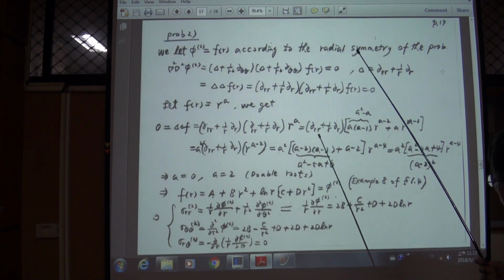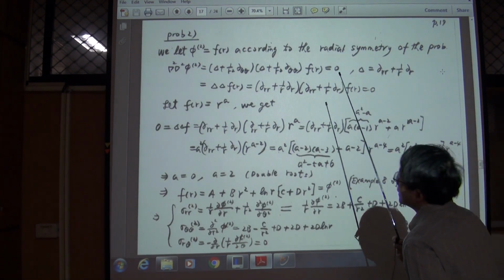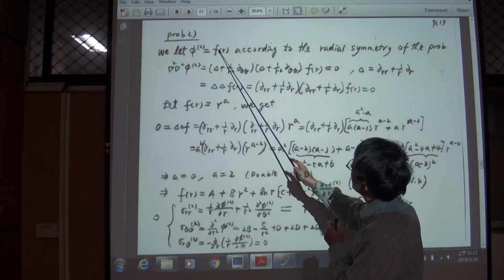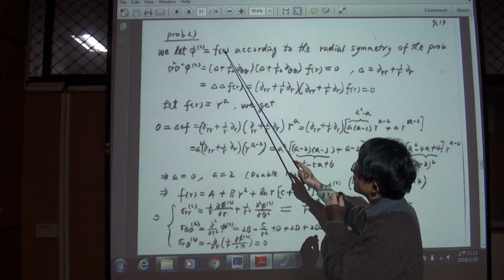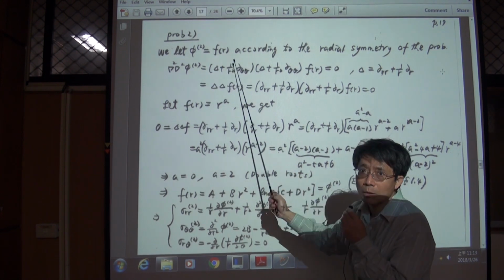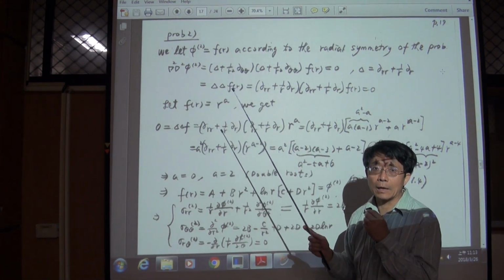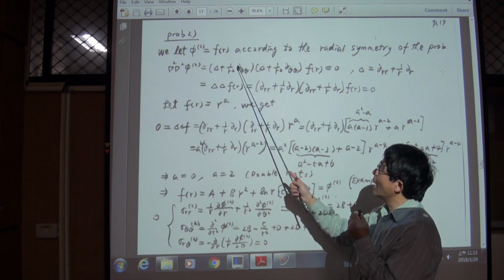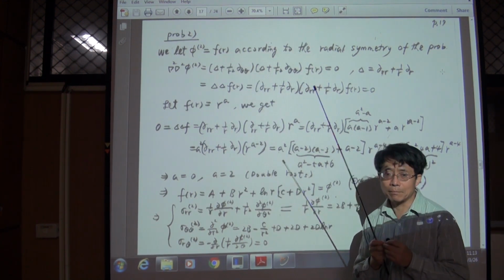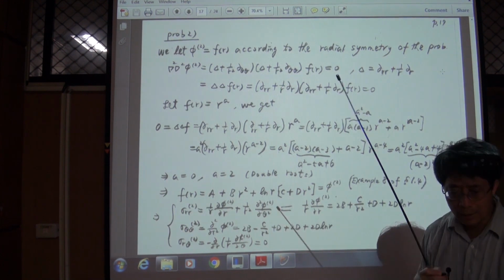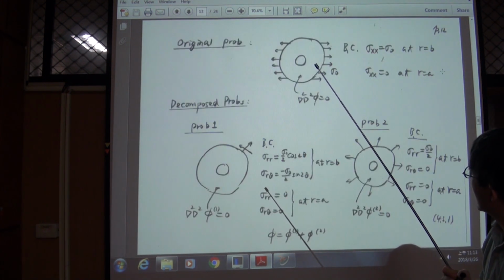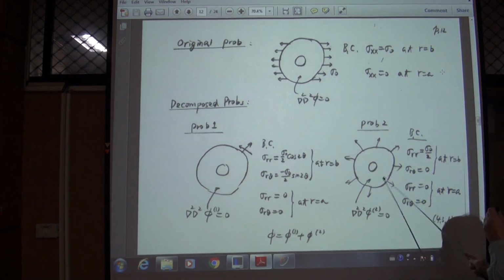We turn to the second problem. By solving the second problem, we let our stress function be F(r) without any function depending on theta. Okay, why? Because it is a symmetric problem. Let me show you. Problem 2, yes, problem 2 here.